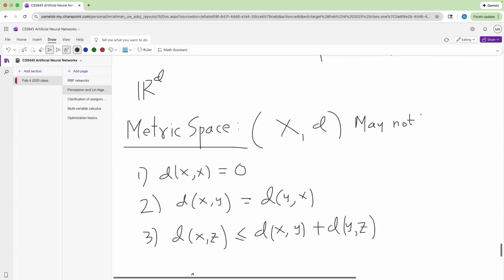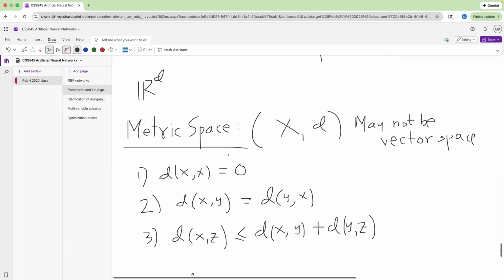And we know what a vector space is. A vector space is a space where you can add the vectors linearly, and you can multiply vectors with constants. If you add two vectors, it's also a vector. And if you multiply a vector with a scalar, that also remains a vector. Those are the properties of a vector space.